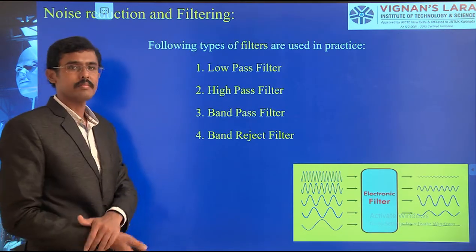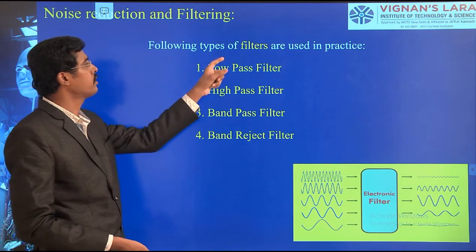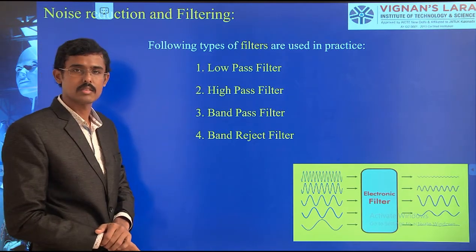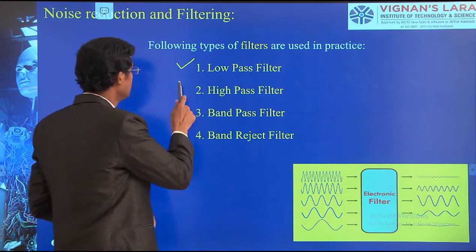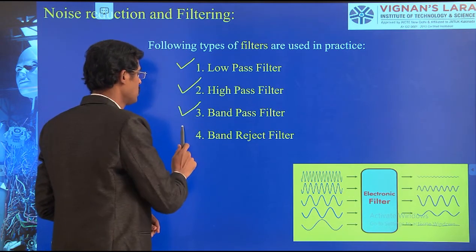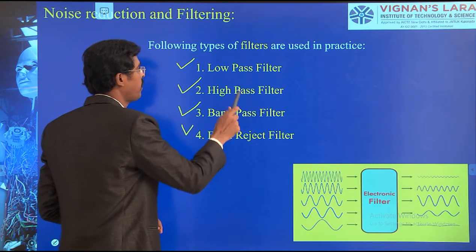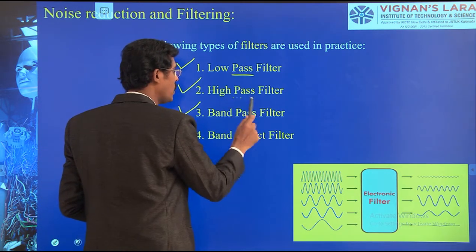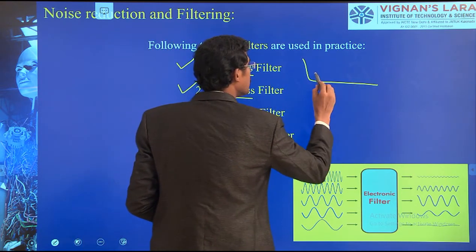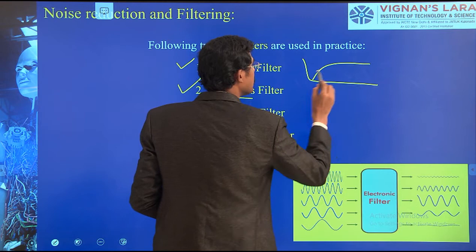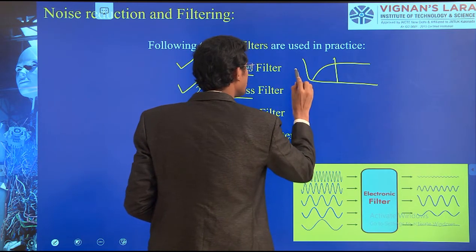The following types of filters are used in practice. What are they? The low pass filter, the high pass filter, and the band reject filters. Pass means we are allowing. Low pass means that in the graph, up to this level I am allowing.